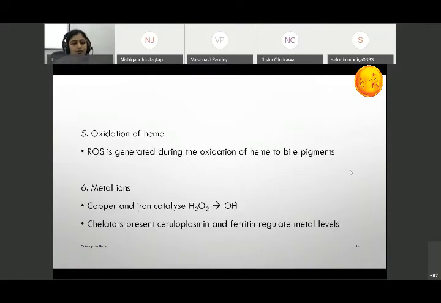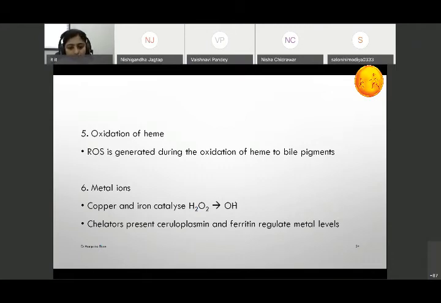Fifth source is oxidation of heme. When the bile pigments are forming from heme, then during that oxidation phase, some reactive oxygen species are generated. Sixth is metal ions. Copper and iron catalyze hydrogen peroxide to form a free radical, that is hydroxyl radical.